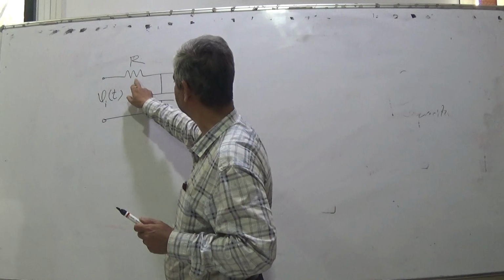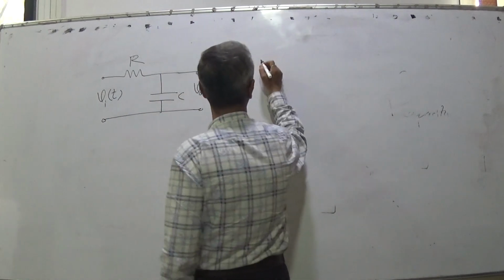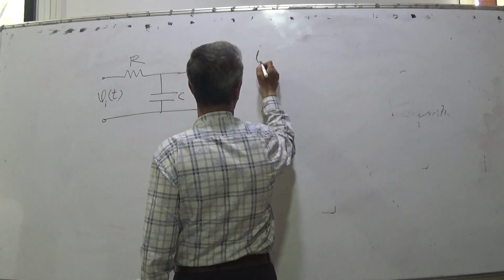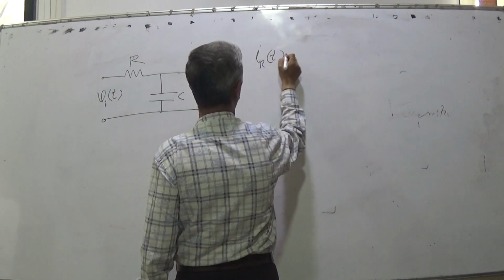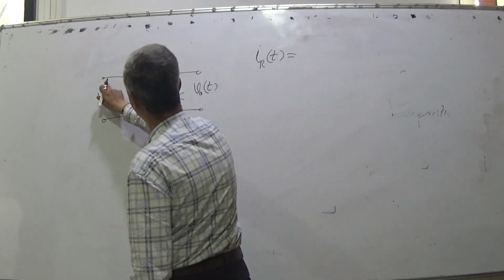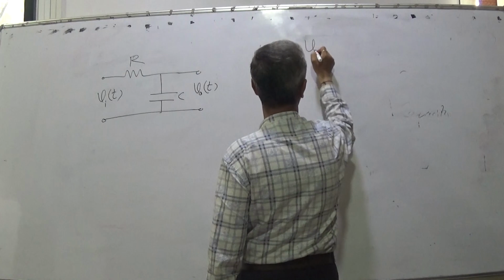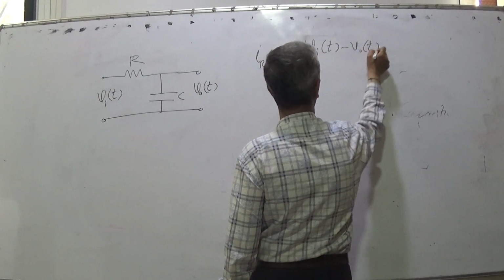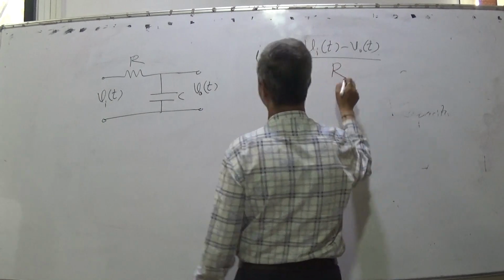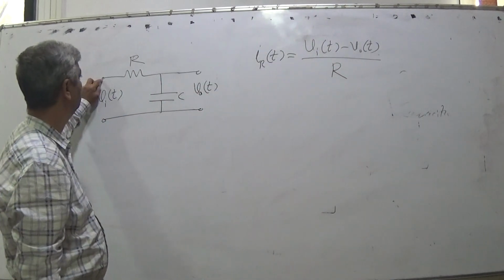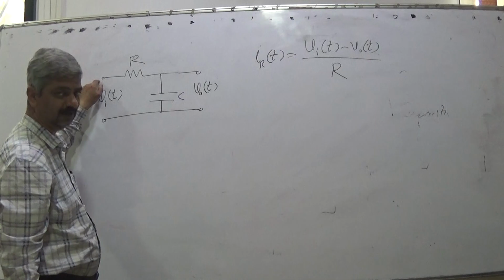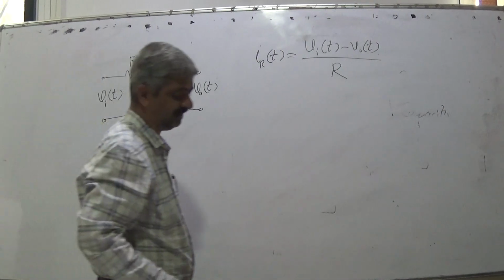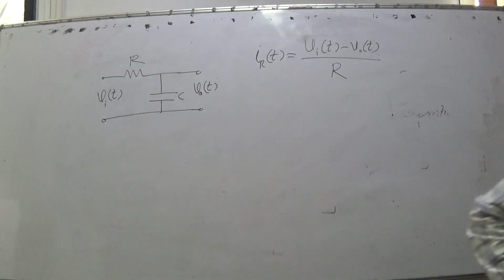So current through resistor is the same as current through capacitor. I_R(t) is equal to V in(t) minus V out(t) upon R. V in(t) is the voltage at one end, V out(t) is the voltage at the other end, so that is the current through the resistor at any given instant of time, called I_R(t).